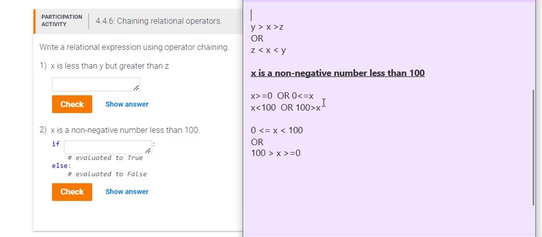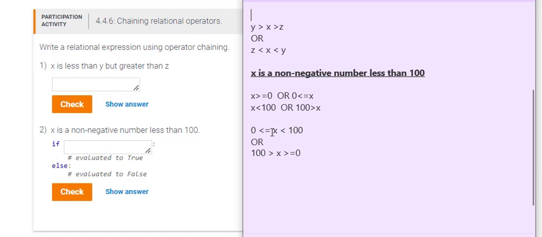So to create the chaining, you would choose the greater than, whether it's greater than or equal to or greater than. As long as you have the same direction, you can use greater than or equal to with just a greater than, and that's okay. But you can't mix greater than and less than. So what you could do is let's find the less than first. So 0 is less than or equal to x.